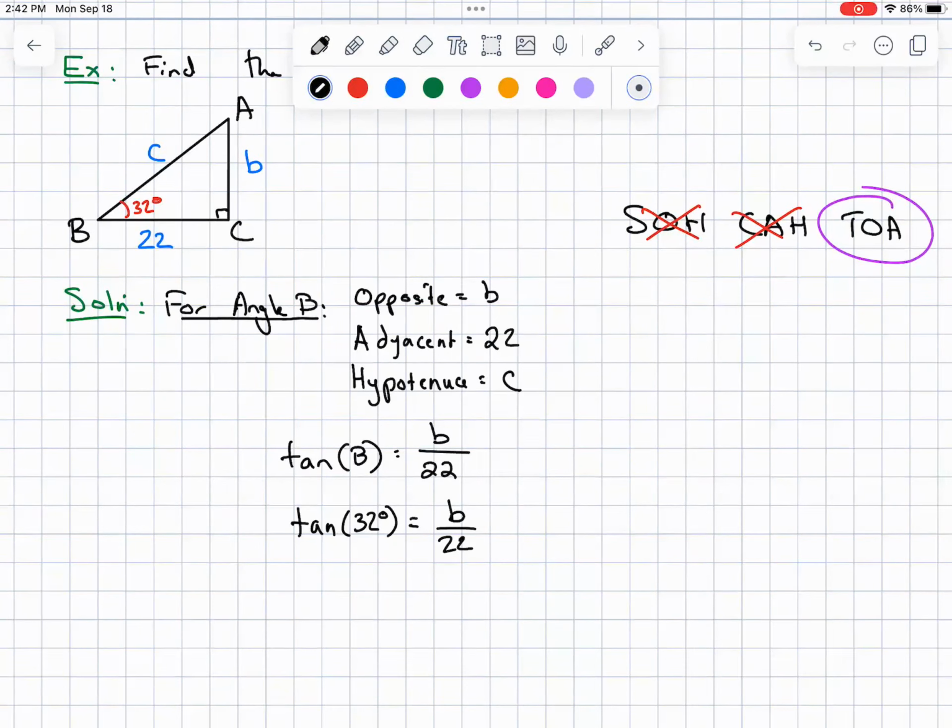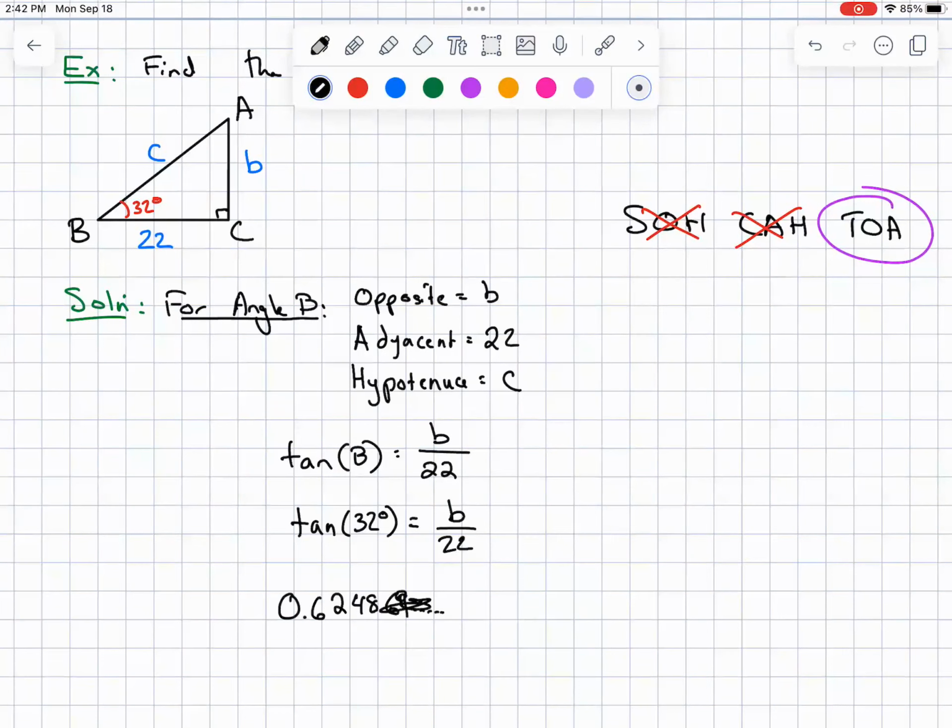So tangent 32 degrees is 0.624869 on and on forever. When it comes to this stuff, I recommend probably writing down 6 decimal places. That should be sufficient, because this thing will go on and on forever. You can write down all the decimals on your calculator if you really want to, but you probably will get the right answer if you write down 5 or 6 decimals.